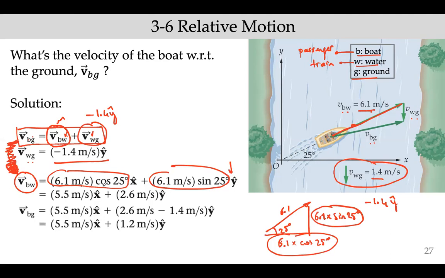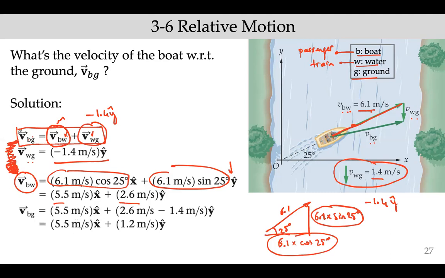If you do these multiplications with a calculator, this vector, the velocity of the boat with respect to the water, has an x component of 5.5 meters per second and a y component of 2.6 meters per second.